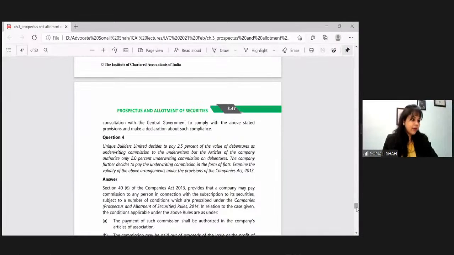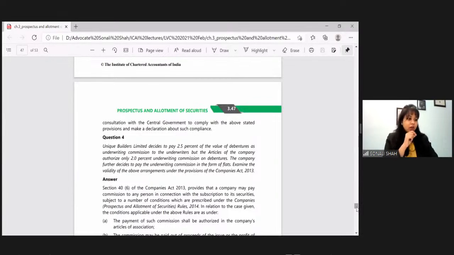Let us take one more question. PQR Bakers Limited wants to raise fund for its upcoming project. Accordingly, it has issued private placement offer letters for issuing equity shares to 55 people, of which 4 are qualified institutional buyers and remaining are individuals.